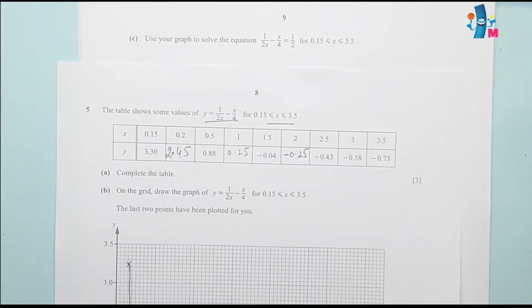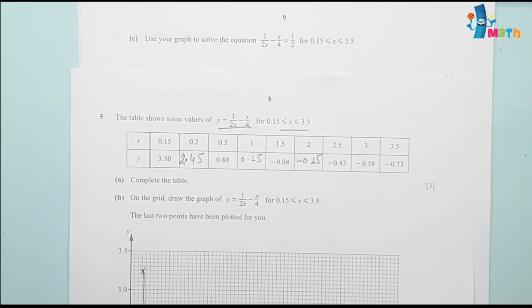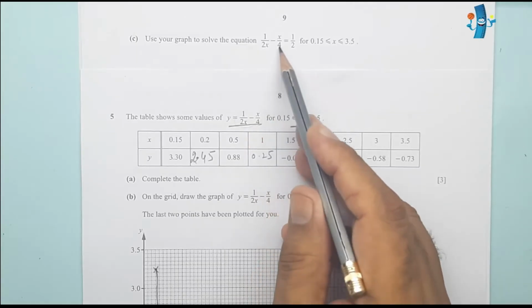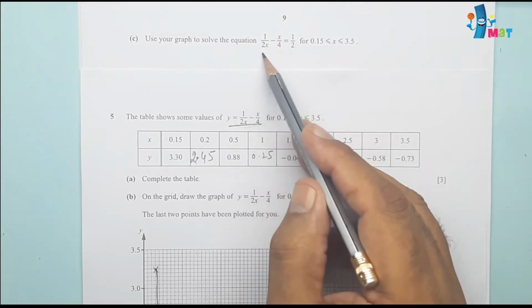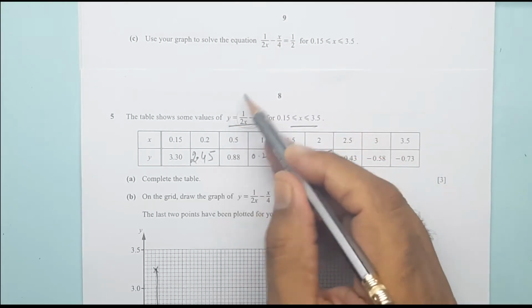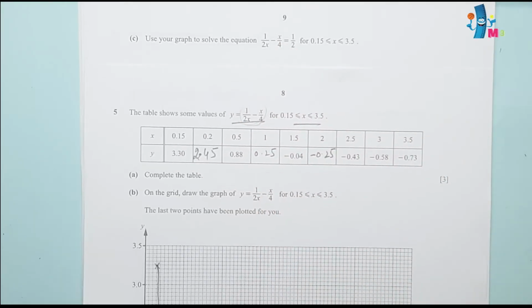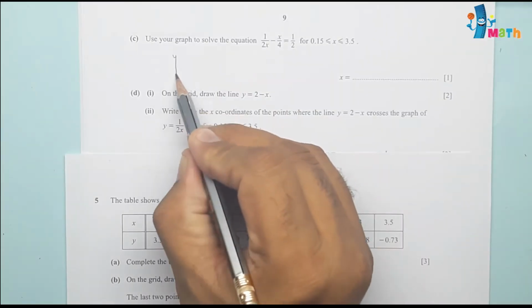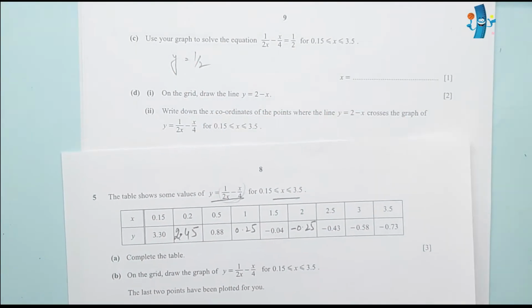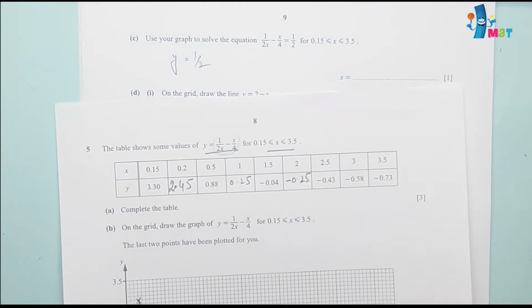Use your graph to solve the equation. If we compare this equation and this equation, this part is the same. So we can write here y is equal to 1/2. This is the equation which we have to plot.